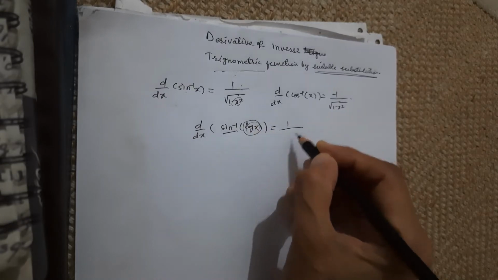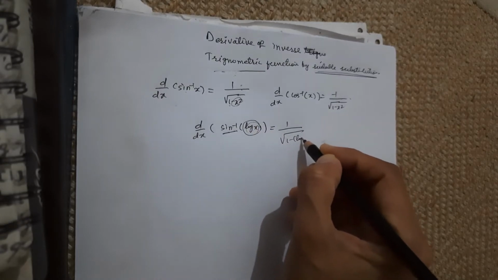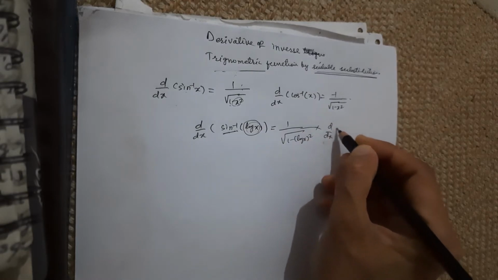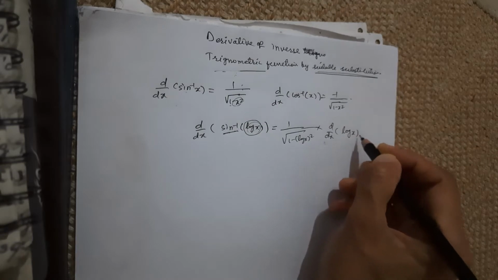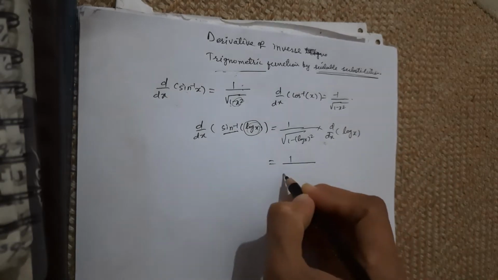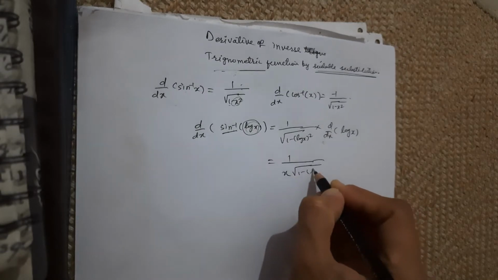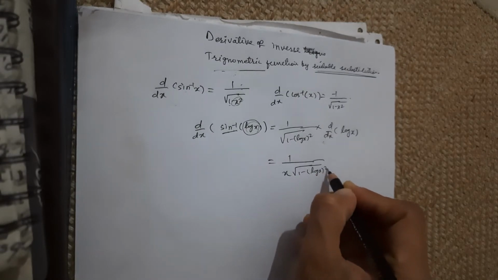So I get 1 upon root 1 minus log x square, multiplied by the derivative of log x, which is 1 upon x. That is 1 upon x into root 1 minus log x square.